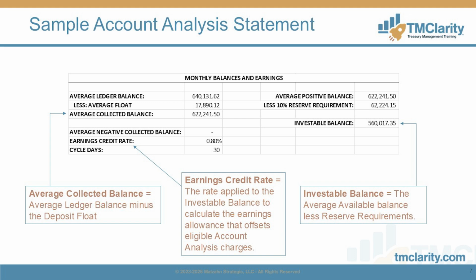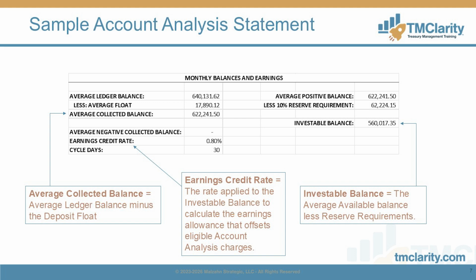If you are above the 1%, you are an outlier already. You are higher than market. Having said that, you can customize, depending on your system, the ECR. So the ECR makes the calculation based on the investable balance. In our example, it's $560,000.